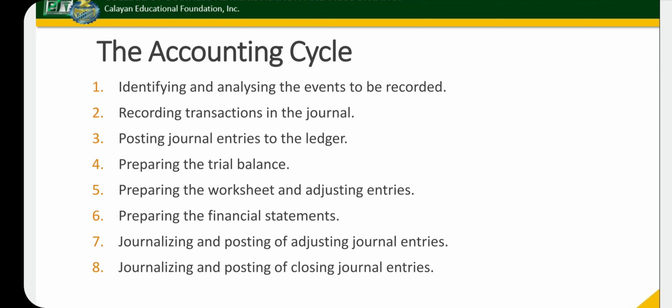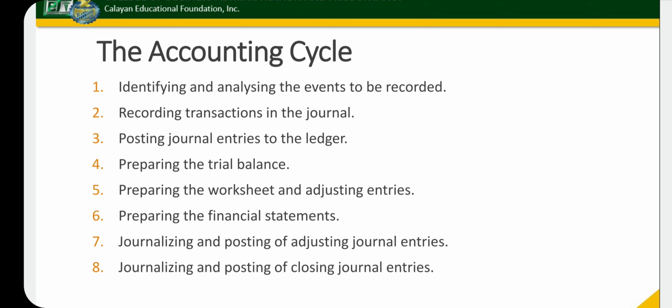Since we are using the accrual principle in recording business transactions, meaning to say we record income when we earn it and we record expense when we incur it, then at the end of the period, there will be some requirements which we need to follow or comply with.